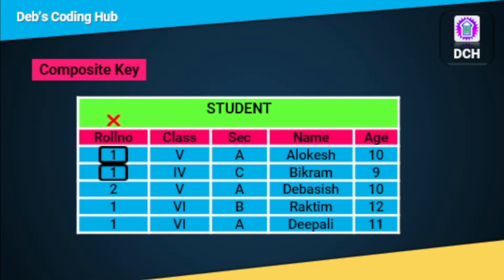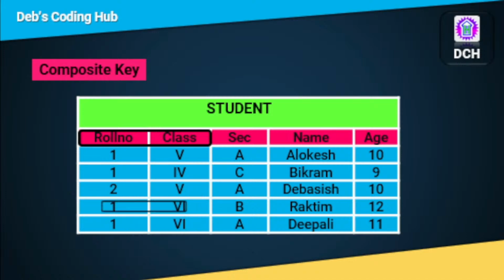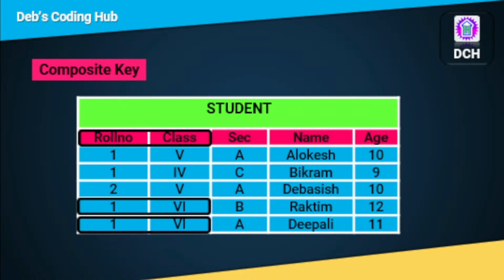Similarly, if I combine roll number and class, then what we can see, the combinations are unique or not. 1 5 it is unique, 1 4 it is unique, 2 5 it is unique, 1 6 and 1 6, these two are not unique. As a combination also they are duplicate.